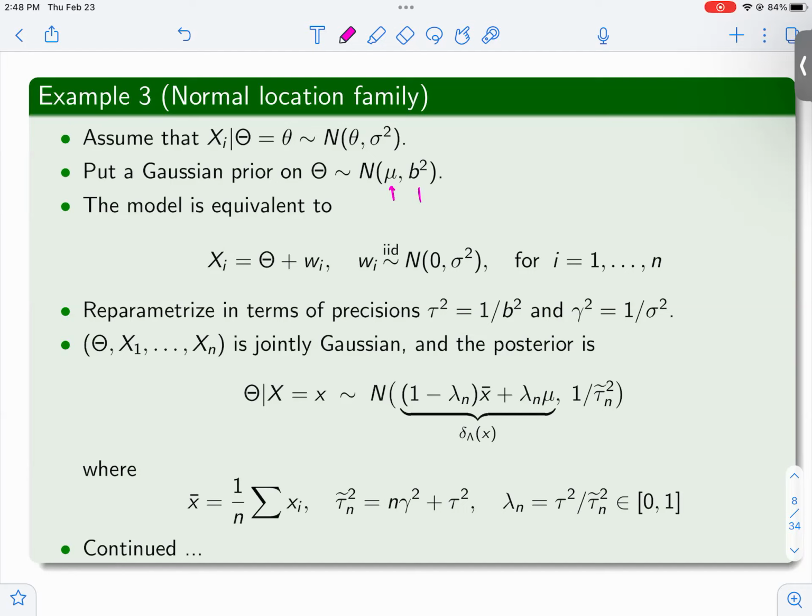It's not hard to see that. You know that this location family is basically theta plus wi. So if the xi's are from a normal with mean theta and variance sigma squared, then I can write xi as theta plus wi, where wi is normal with mean 0 and variance sigma squared.